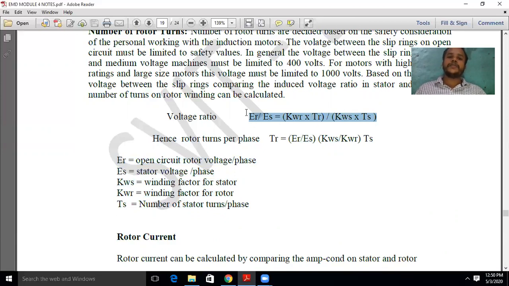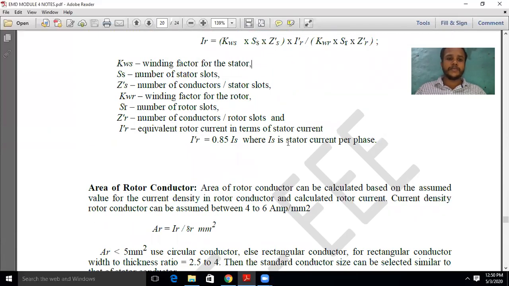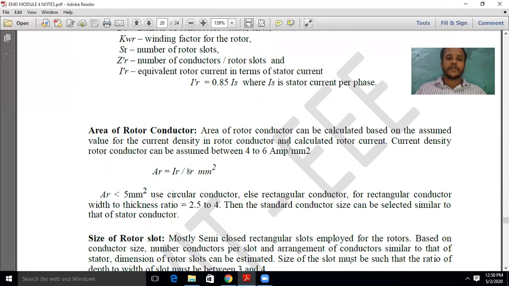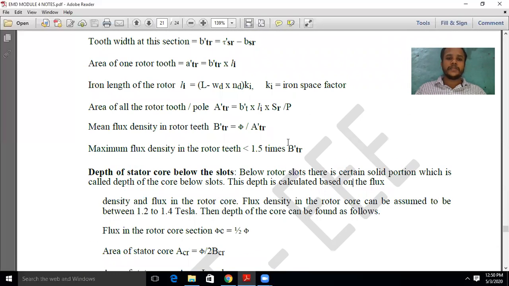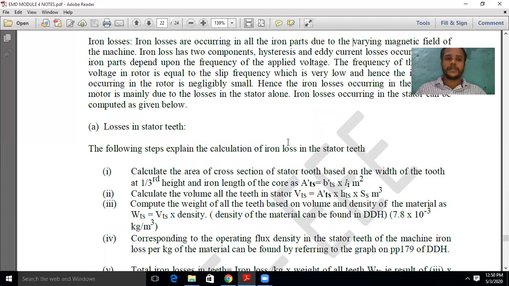Here also we need to consider the same. This is ER divided by ES, where ER is the rotor voltage and ES is the stator voltage, again taking the winding factor into account. Same as the transformer, we need to consider the rotor current value and then the area of the rotor conductors. All these we have discussed in the previous section.